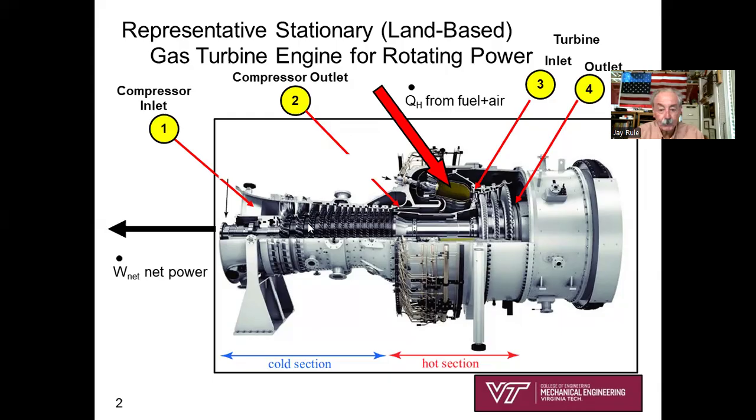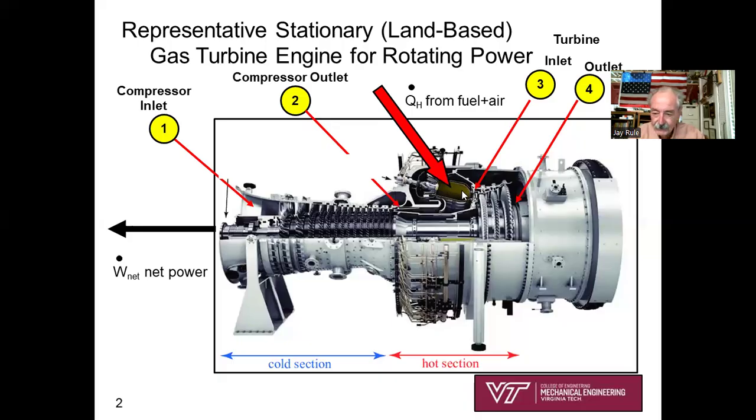This is an axial compressor that's taking in air and compressing it to a higher pressure. In here, part two, is the combustion chamber. And for our thermodynamic modeling, we're going to replace the combustion process with a high temperature heat addition process, Q dot H.